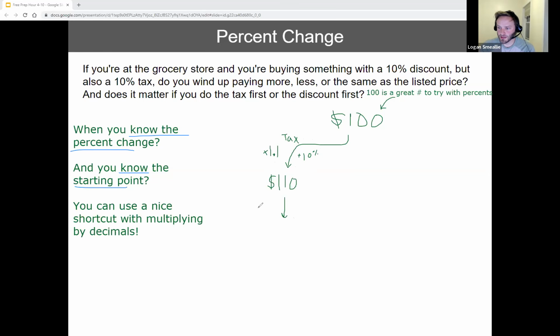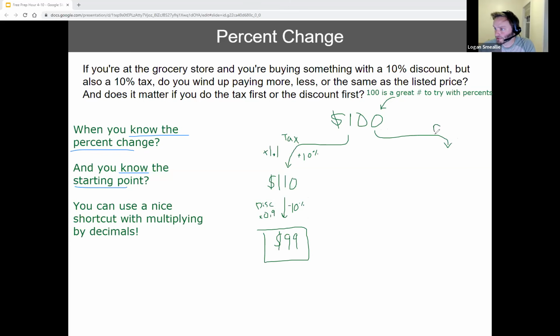And then if I do my discount after the fact, where I'm subtracting 10%, a good way to subtract 10% is to multiply times 0.9, because I now have 90% of what I started with. And if you put in your calculator 110 times 0.9, you're going to get $99. Okay, so we saved $1 overall.